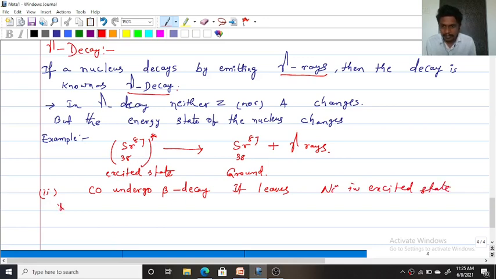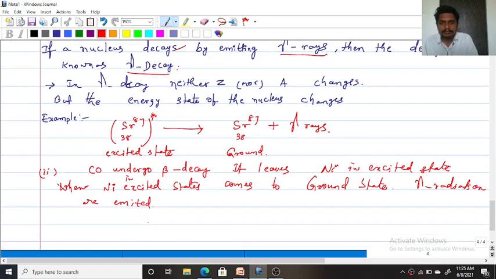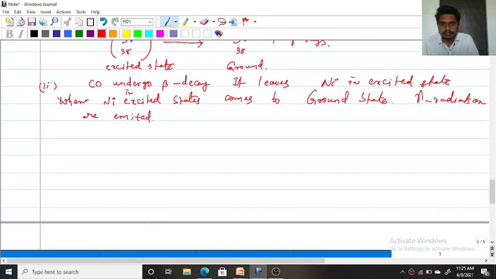When nickel in excited state comes to ground state, gamma radiation is emitted. Let us see the figure here.